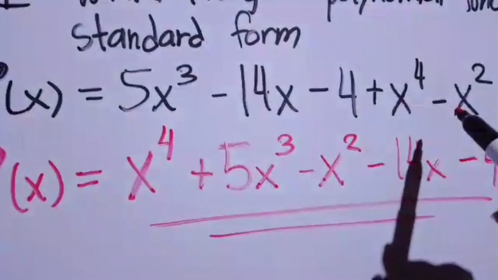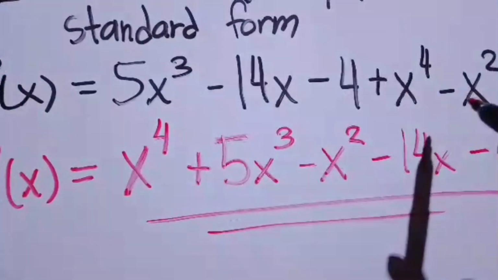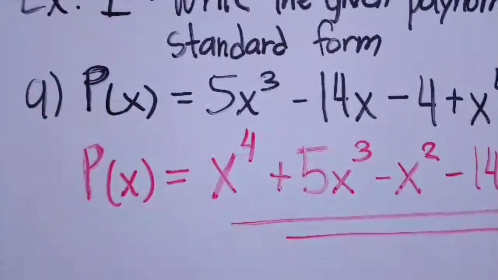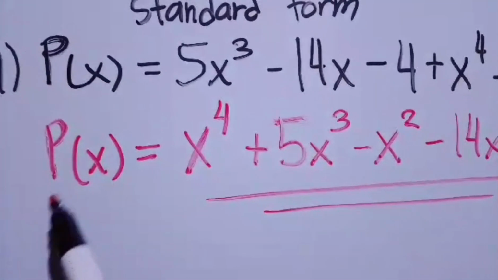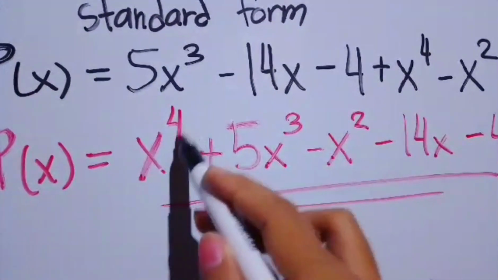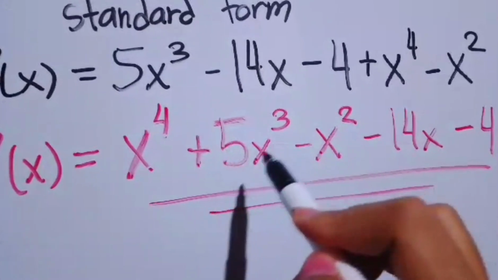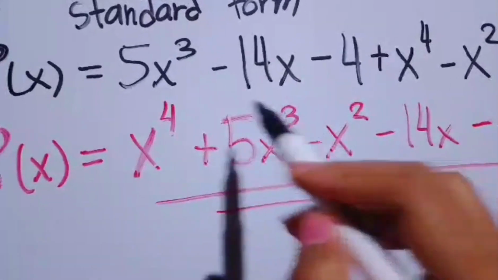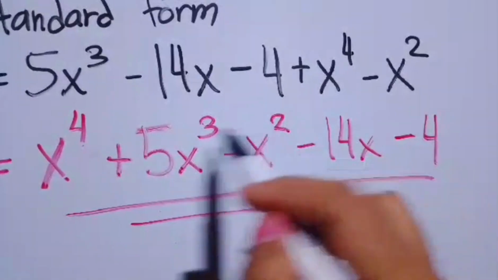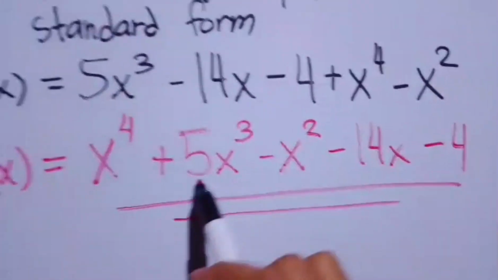Sa nabantayan nato guys, diri is we find the highest term to the lowest term. For example, this is the answer. P of x is equals to x to the power of 4 because ini ang pinaka-highest, plus 5x cube kay ang second, x squared kay sunod man siya guys, minus 14x minus 4.